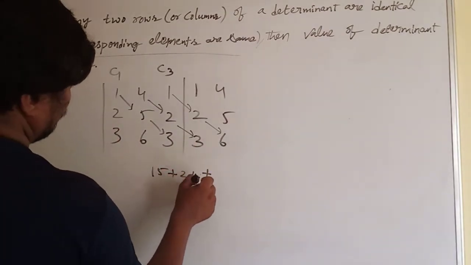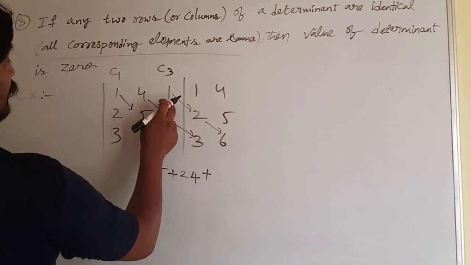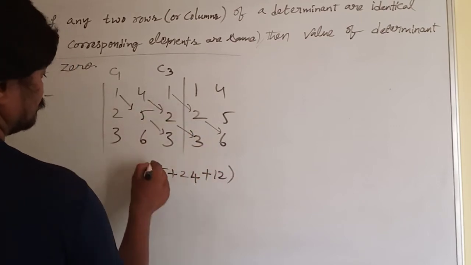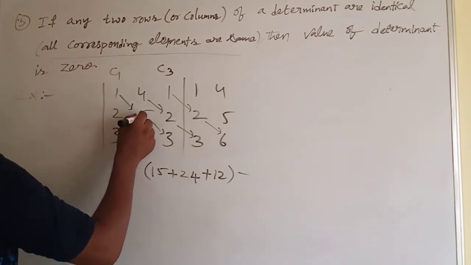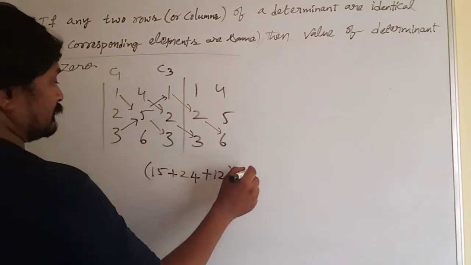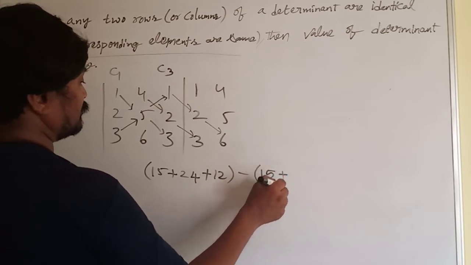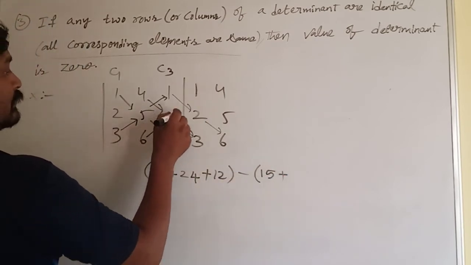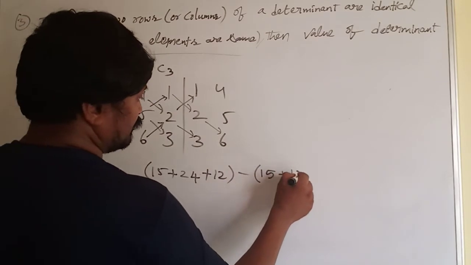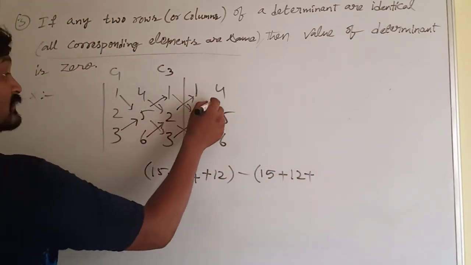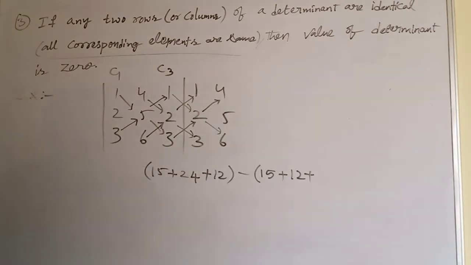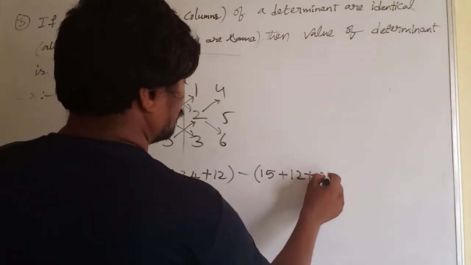24, plus 6 2s are 12, 12 1s are 12, minus. Now the first one, 3 5s are 15, 15 1s are 15, plus 6 2s are 12, 12 1s are 12, plus 3 2s are 6, 6 4s are 24.